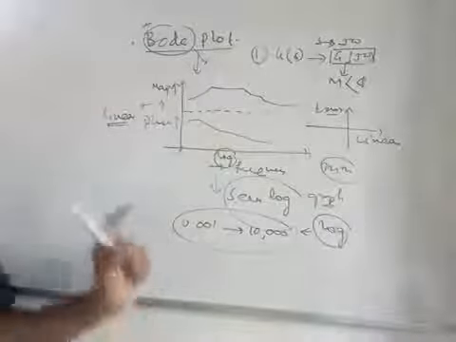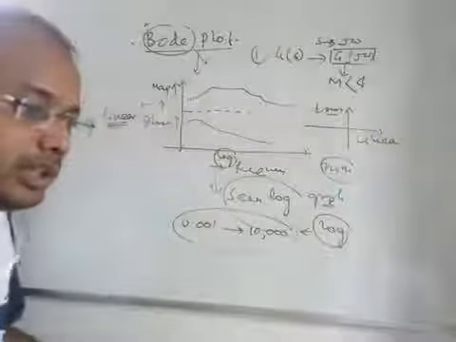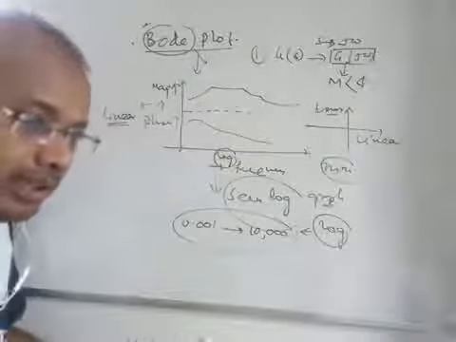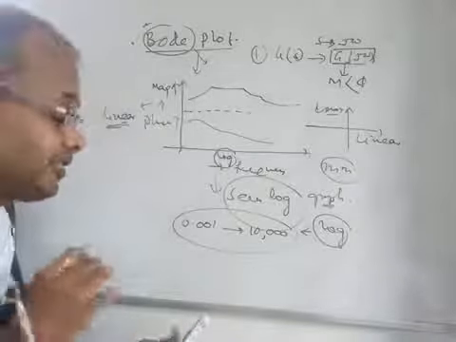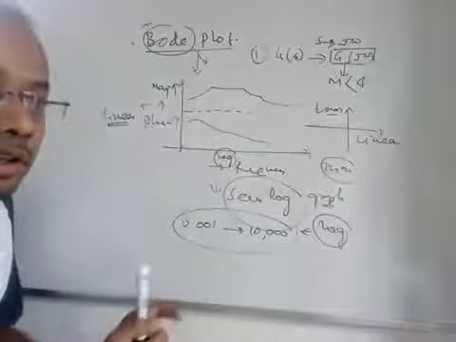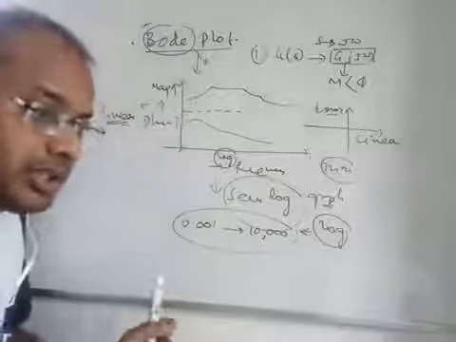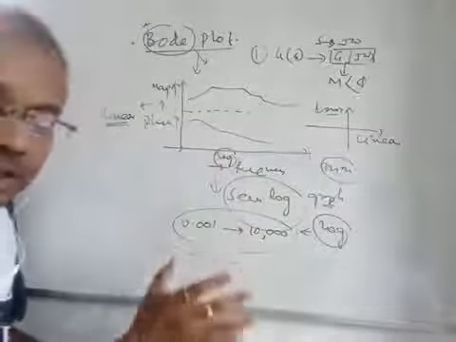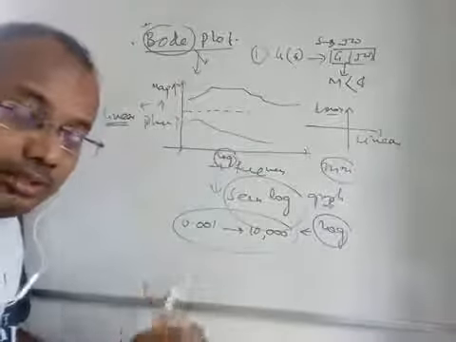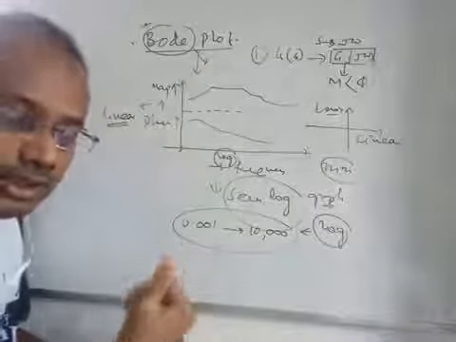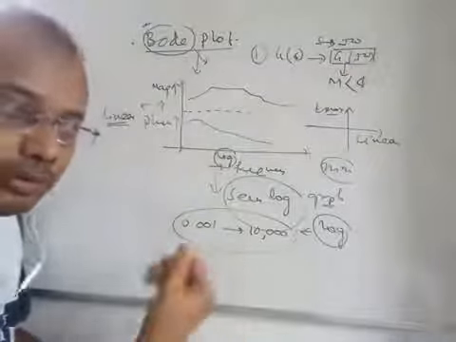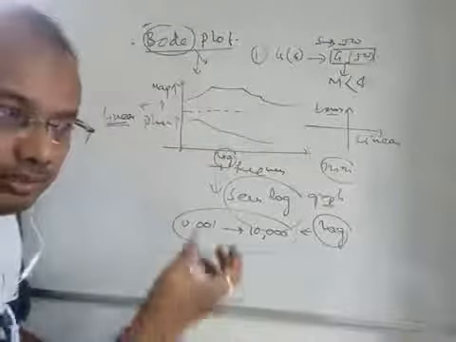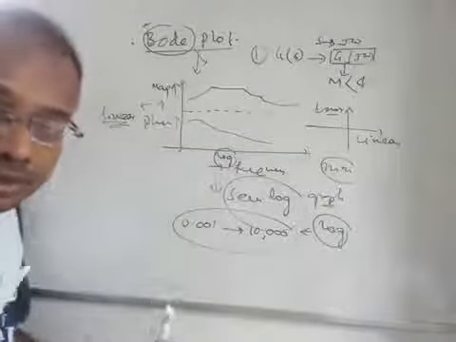Before discussing how the Bode plot is done and the theory behind it, we will discuss the concept of semilog graph paper. Once you understand the concept of semilog graph paper, there are some tricks which I will discuss, and by using them you will get the idea of how to draw the Bode plot, and from the Bode plot how to determine the stability of the system, right?